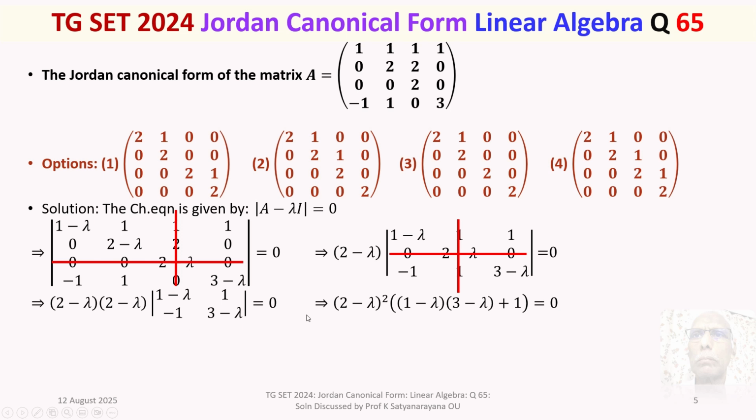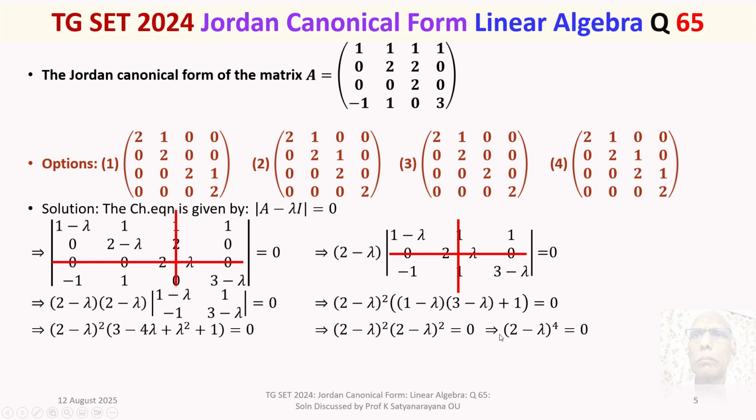So this implies 2 minus lambda whole square into the determinant AD minus BC, and on multiplication it will give you 3 minus 4 lambda plus lambda square plus 1, and this is nothing but lambda square minus 4 lambda plus 4, and that is again 2 minus lambda whole square.